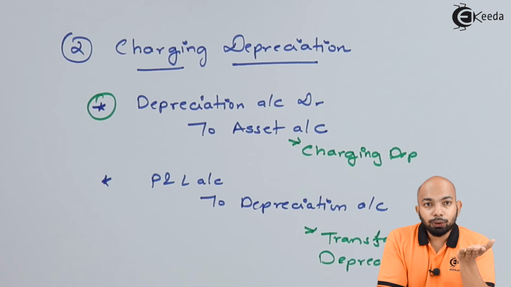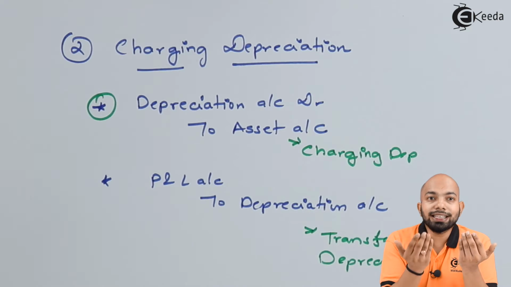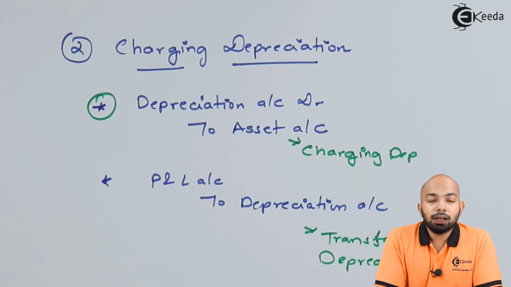Hence, if there's a procurement, you will debit the asset account. However, if there is a reduction, you will always credit the asset account. Now, following this principle itself, depreciation account debit to the specific asset account that has been used. That will be the first entry. Once this entry has been charged, you will further go ahead and transfer this depreciation to the profit and loss account.